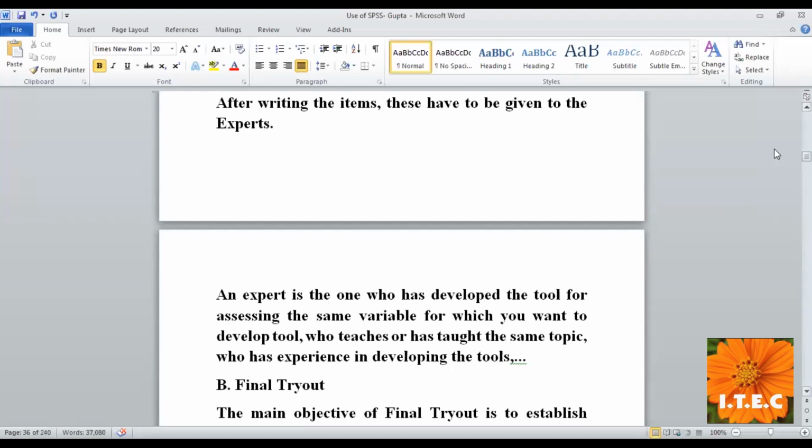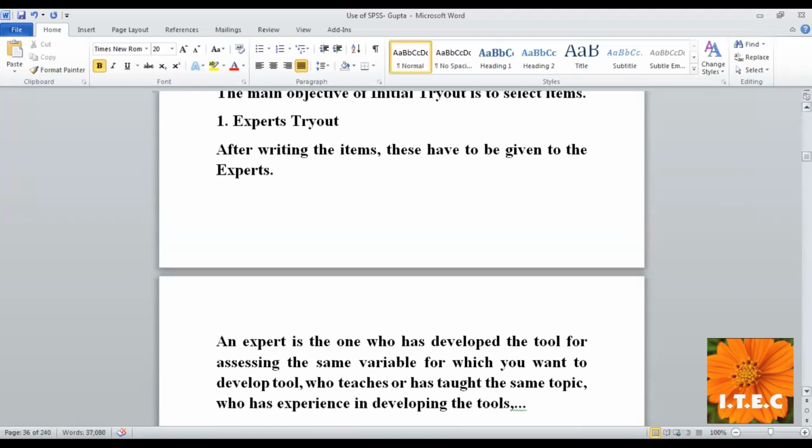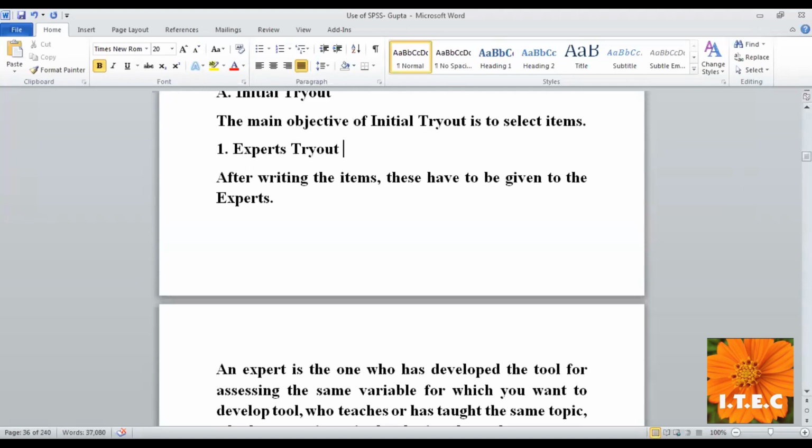Now, the question is, how many experts should you have? You cannot have 100 experts. It's not feasible. So you should have approximately 15 experts. Some of you may ask, can we have 20? Why not?